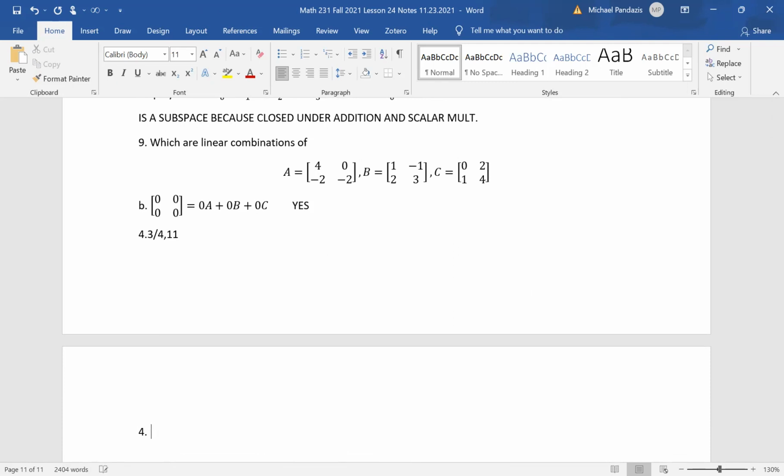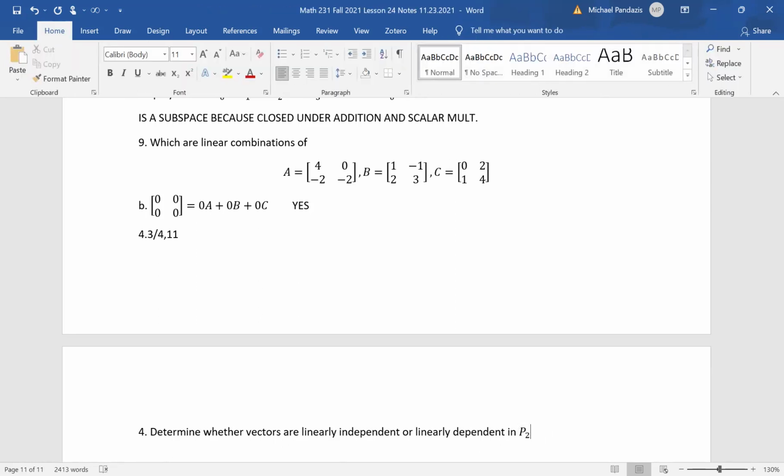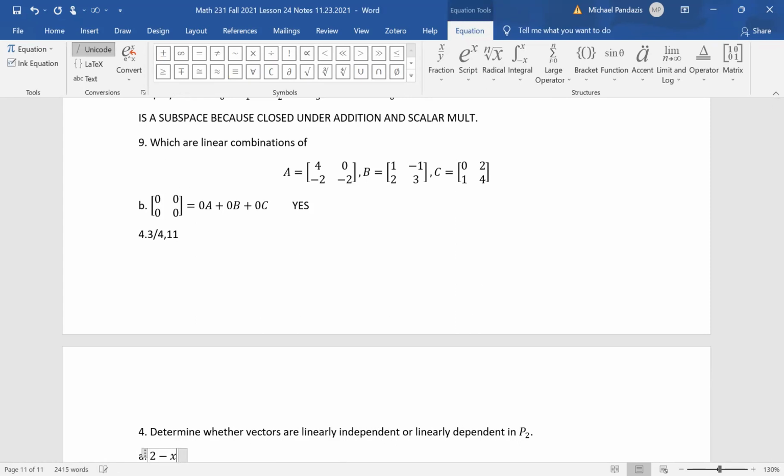It says in each part, determine whether the vectors are linearly independent or linearly dependent in P sub 2. Okay, so in part A, the vectors are 2 minus x plus 4x squared.